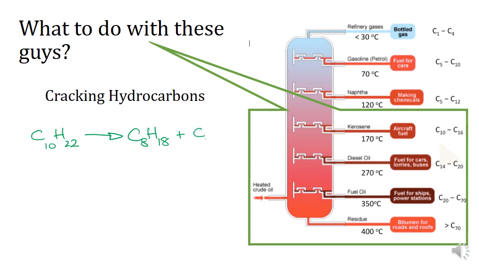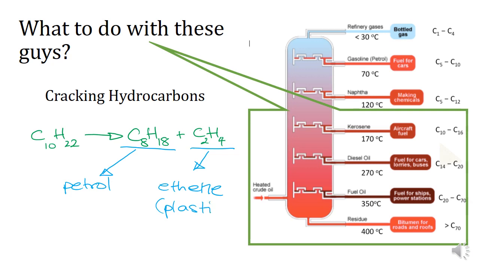So I have 2 carbons left over, and I have 4 hydrogens left over. So this is ethene, which is super useful for plastics. Octane can be used and then modified using one of our next processes to be used for petrol.